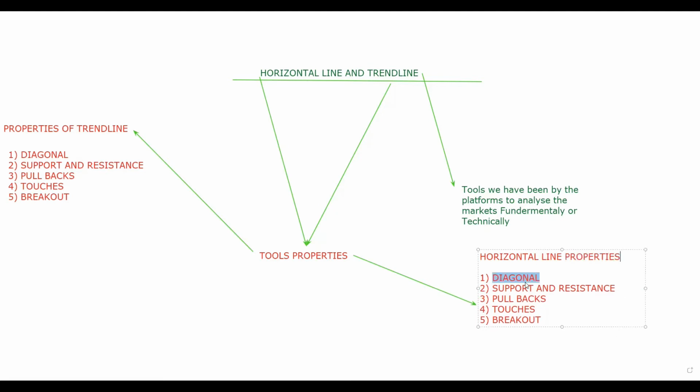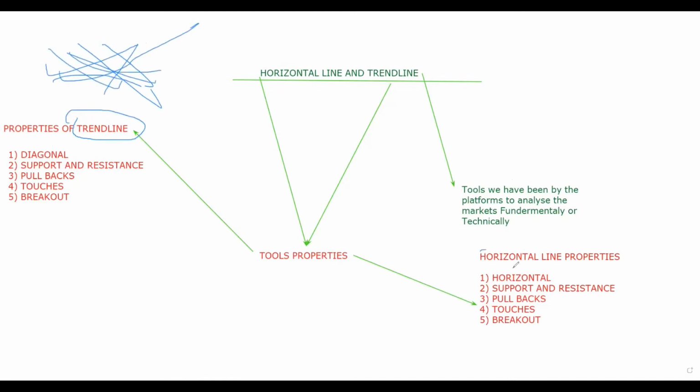It's horizontal, by the name. So these are the things you need to understand: each and every single thing here has its own purpose. A trend line is something that can bend. You can play around with it. You can draw it any way you want on your chart.